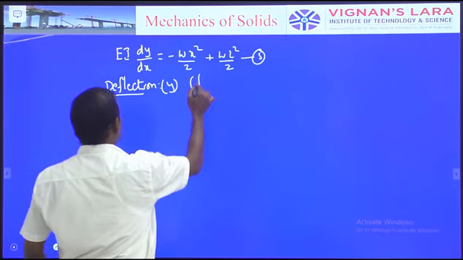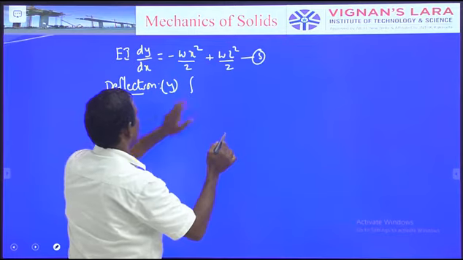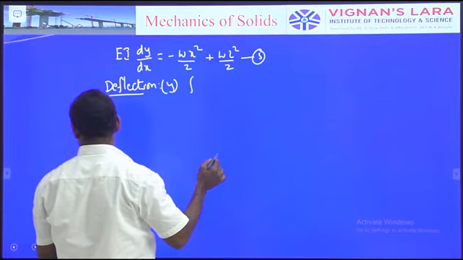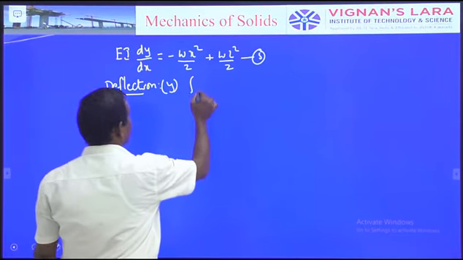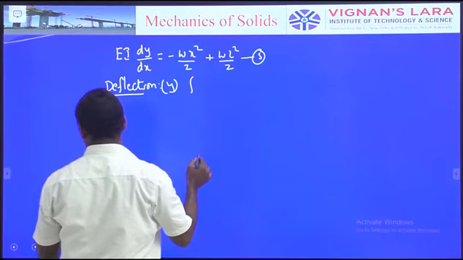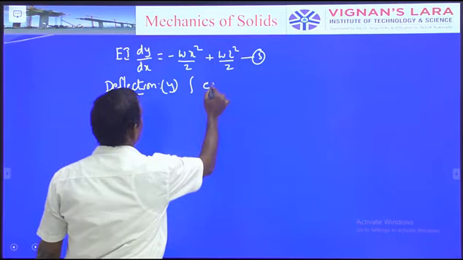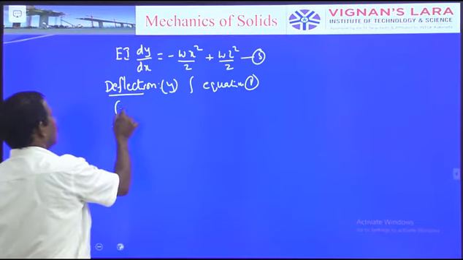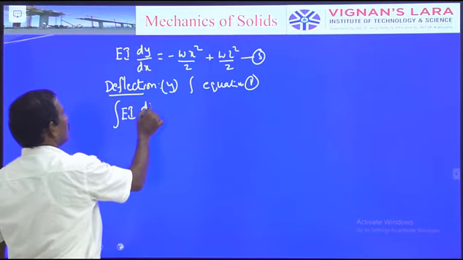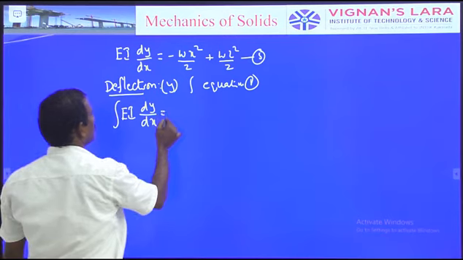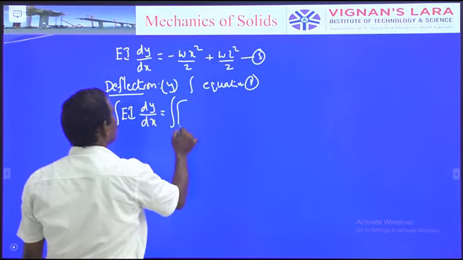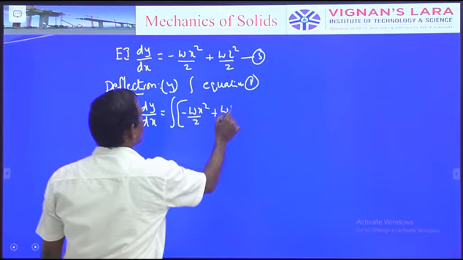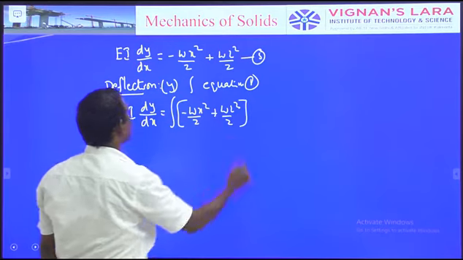The integral of EI dy/dx is equal to the integral of -wx²/2 + wL²/2.